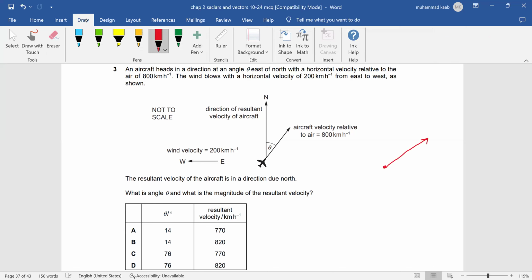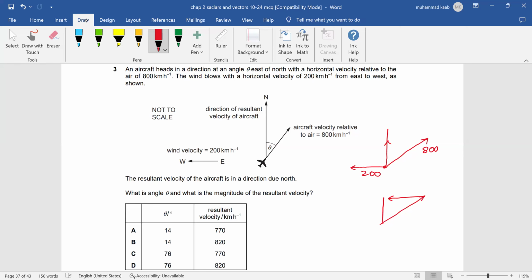So this is the first vector, 800, and this is the other vector, 200. And they're saying the resultant would be in this direction. To find the resultant, you can just draw the head to tail rule, right? The 200 on top of the 800.